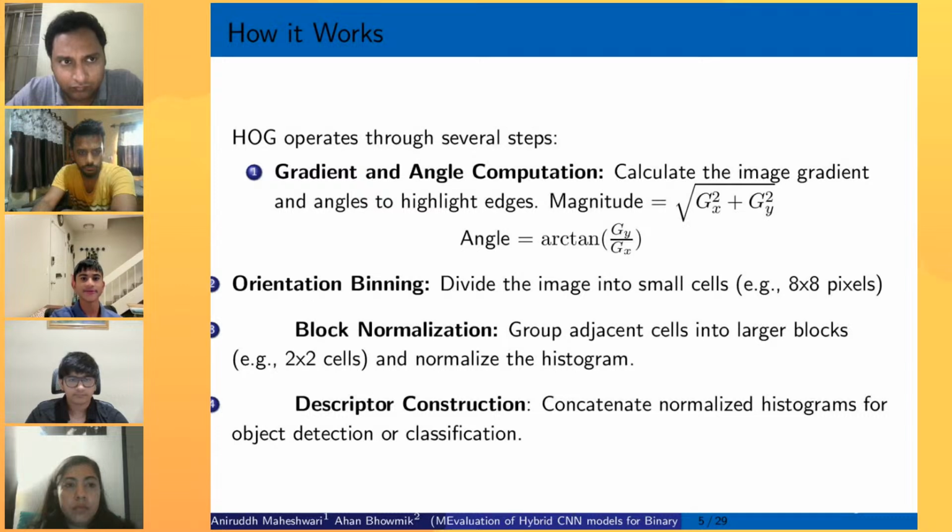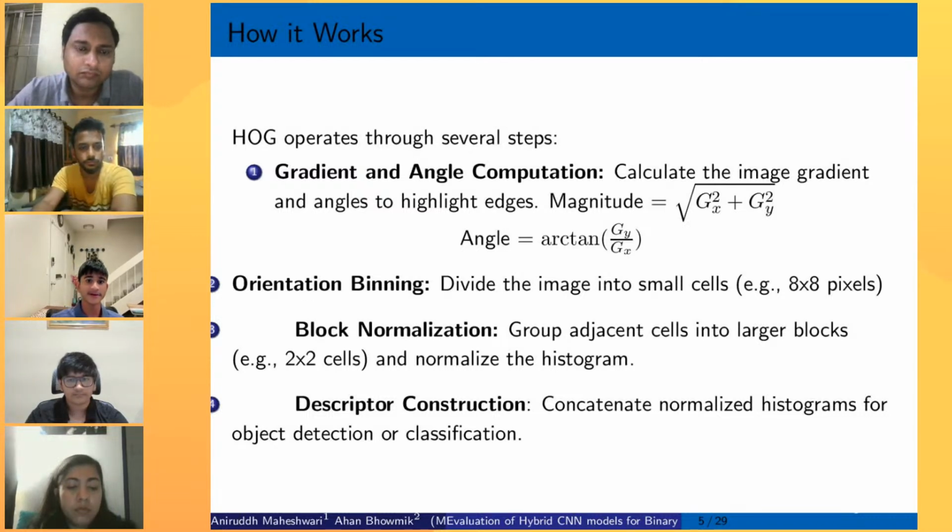We apply the magnitude formula to every single pixel and its neighboring pixel to find all the gradients present in the image. Then we apply the angle formula to find the orientation of each gradient. So now we have two one-to-one mappings of the image: one is the magnitudes and one is the angles. Every pixel is given a magnitude value and an angle value.